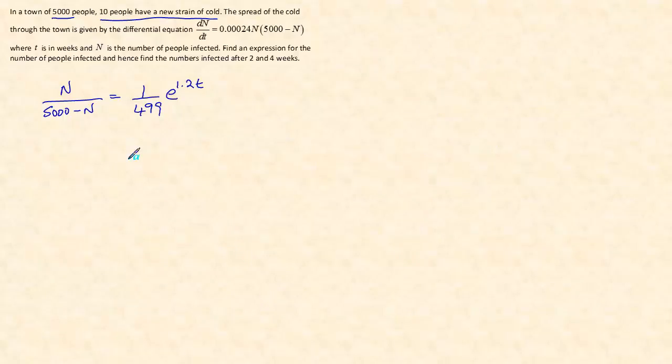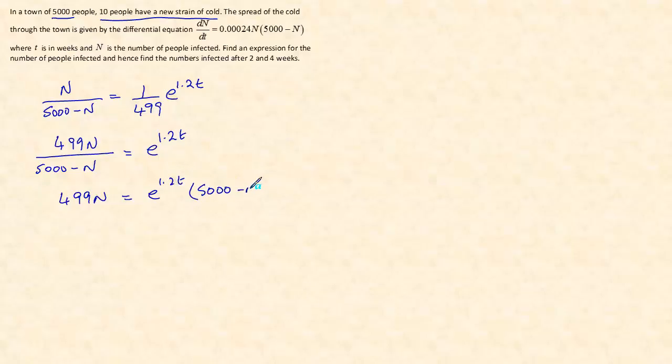Now we want to make n the subject of this formula. I might bring the 499 up here. 499n over (5,000 − n) is equal to e to the 1.2 t. So 499n is going to be equal to e to the 1.2 t times (5,000 − n). So 499n is going to be 5,000 e to the 1.2 t take away n e to the 1.2 t.